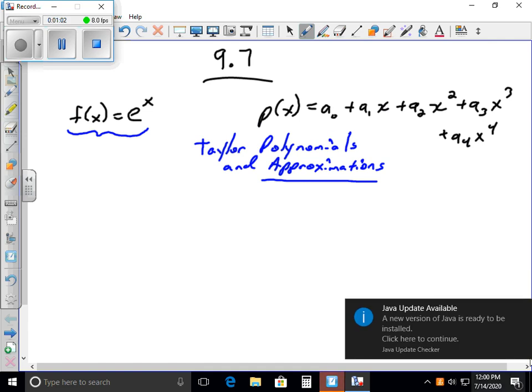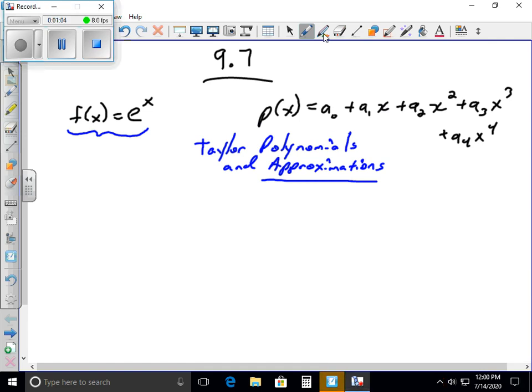As we get farther on, we're going to look at Taylor series, which is basically going to be a polynomial that goes forever, that goes to the nth power as n goes to infinity. And as you get more and more terms, we get a better and better approximation to this function.